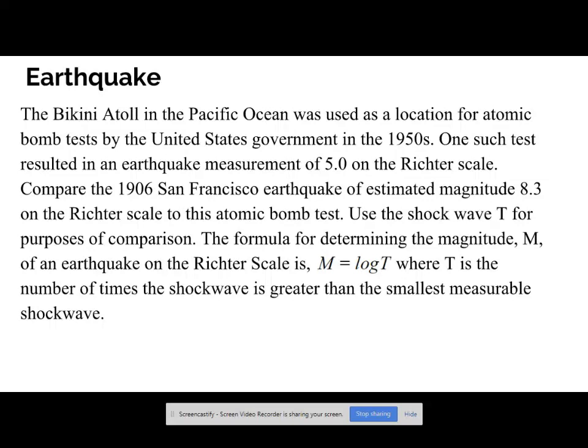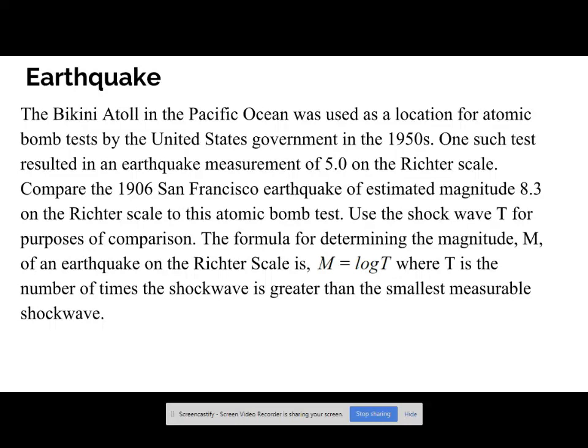One of the times when they tested this atomic bomb, the earthquake, or what seemed like an earthquake, was measured at a 5.0 on the Richter scale. If you've heard of the Richter scale, that's how we measure the magnitude of earthquakes. In 1906, there was an earthquake in San Francisco that had an estimated magnitude of 8.3 on the Richter scale.